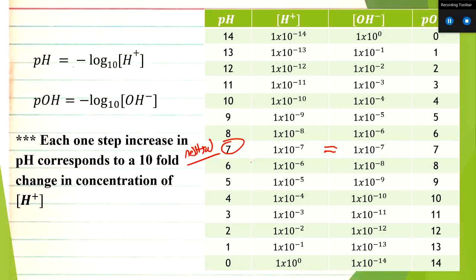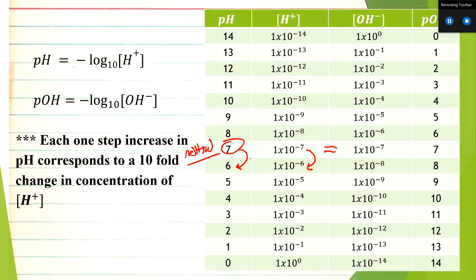If we go up a step in pH, so let's say we get slightly more acidic, so we go to 6, you'll notice that this is a change in pH of plus 1, not times 1.